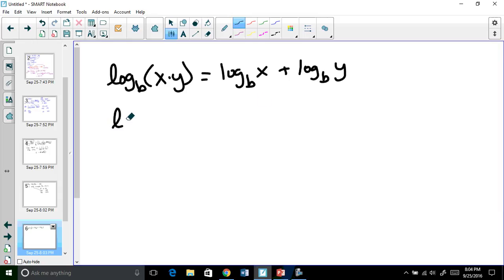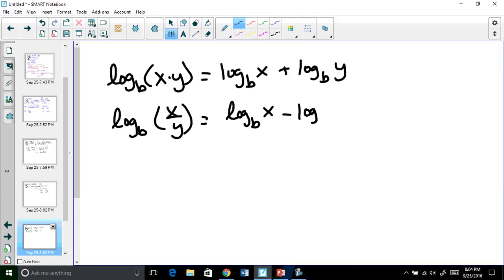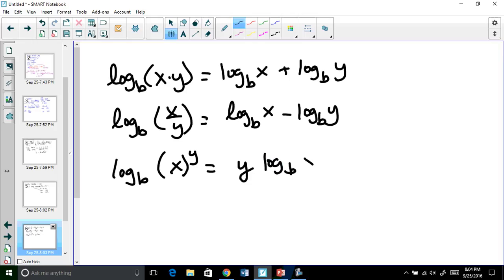And then the second property is that if you have x over y, that's equal to the log base b of x minus the log base b of y. And then the third property is that if you have something like this, the y comes down front, and then this is the log base b of x.